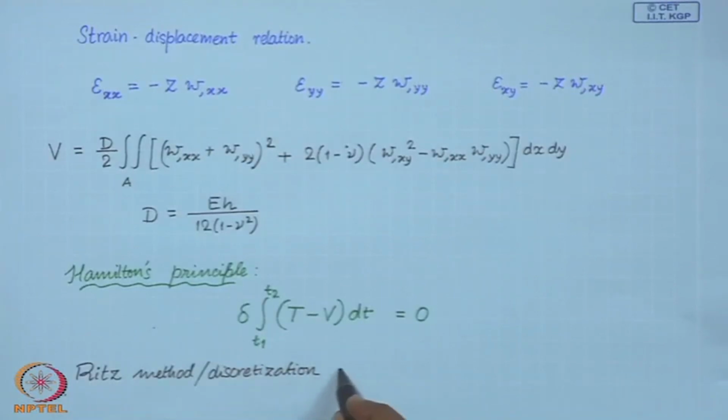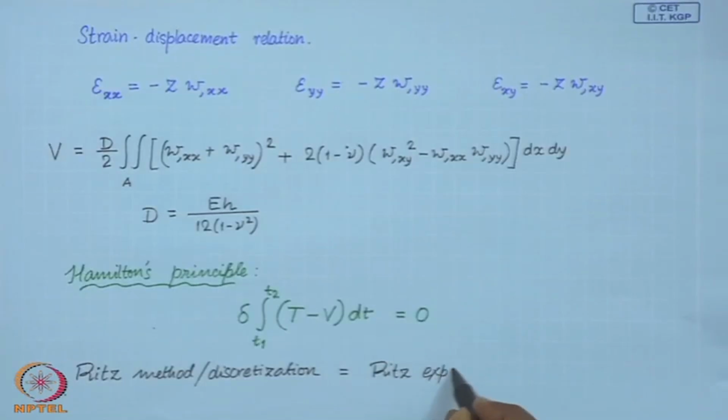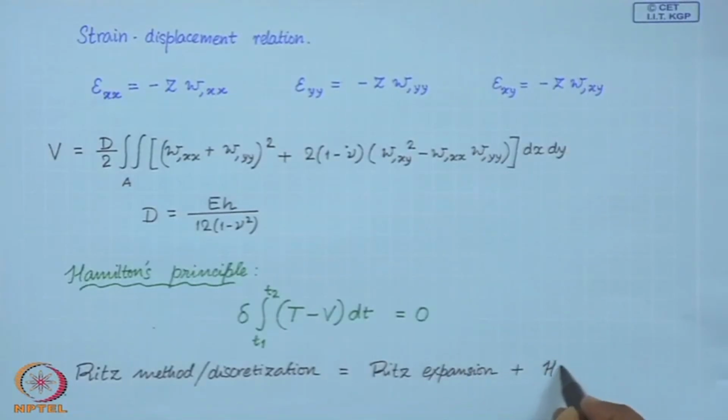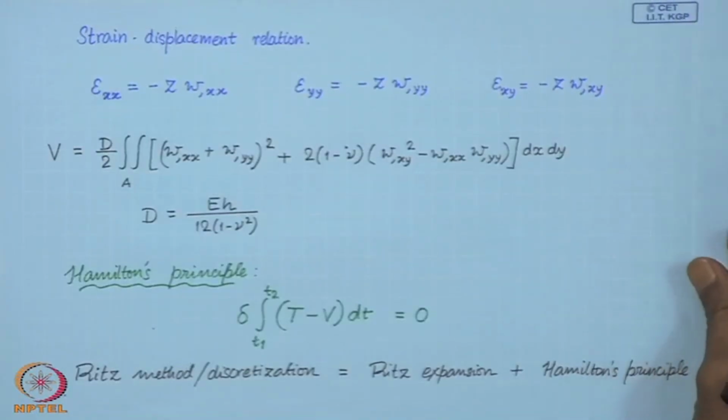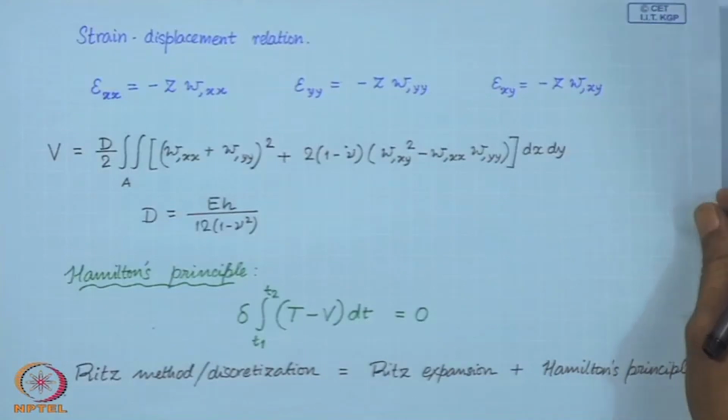The Ritz method requires the Ritz expansion plus the Hamilton's principle. These two lead us to the discretization of the dynamics. So, let us look at two examples.